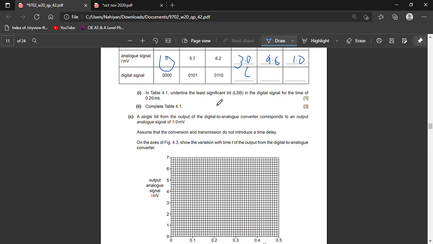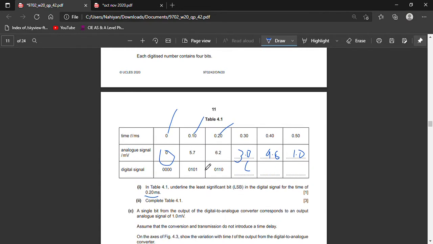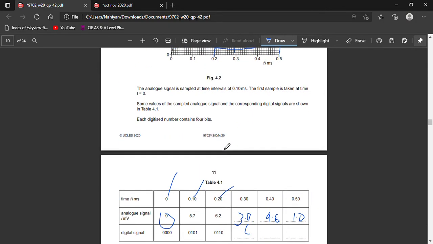Underline the least significant digit for the time of 0.2 milliseconds.